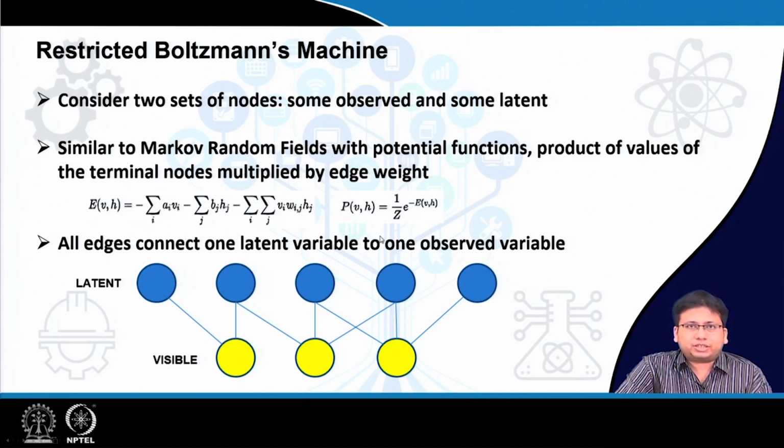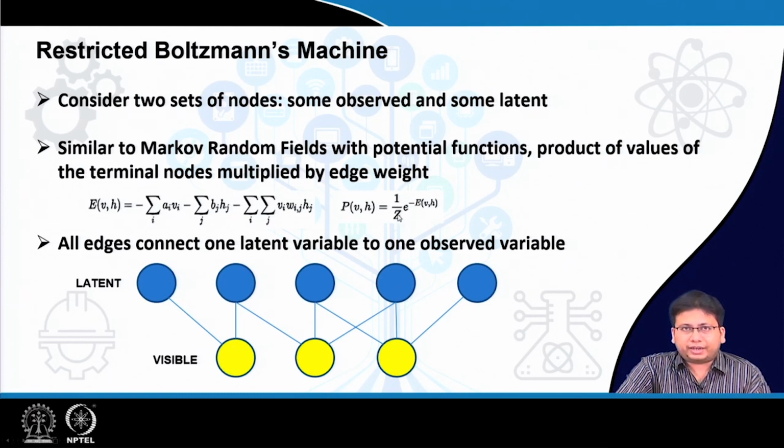So, just like in the previous case, the joint distribution is going to be the product of all these node and edge potentials, but to maintain positivity we usually express it as e to the power of something to make sure that it is positive, and Z is the normalizing constant to make sure that it is a valid probability distribution.